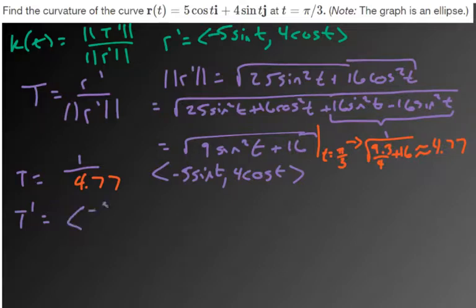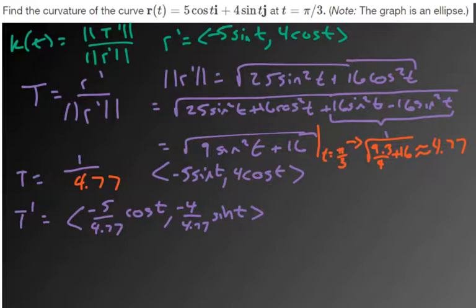So we have -5 over 4.77 times the derivative of sine, which is cosine, and then 4 over 4.77 times the derivative of cosine, which is negative sine. That's a much quicker way to do it, basically. And then you will need to evaluate that.